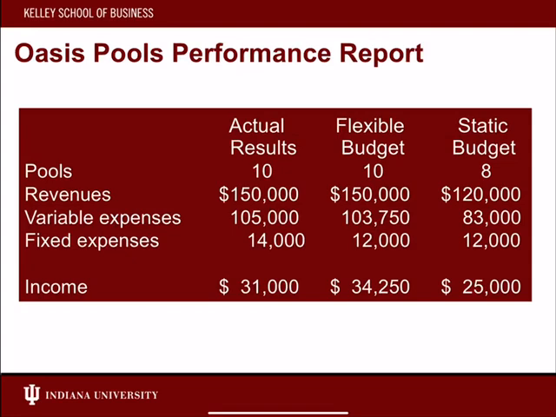So we started with our static budget, and we know, like we commented before, that in this expense line item, in the static budget, we said we should have $83,000 of expense. The actual results were $105,000.